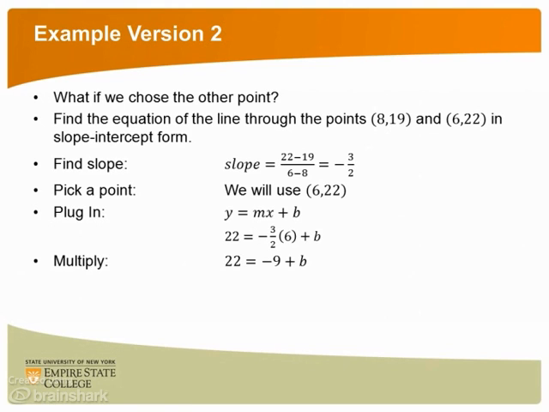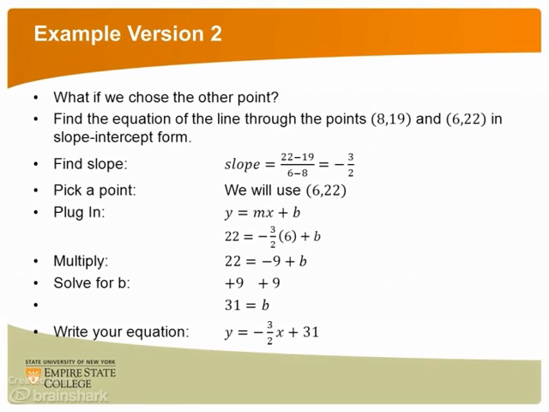We multiply. 2 goes into 6 3 times, and negative 3 times 3 is negative 9. So we have 22 equals negative 9 plus b. We want to solve for b, so we have to eliminate the negative 9. To do so, we add 9 to both sides of the equation. When we do so, we get 31 equals b.